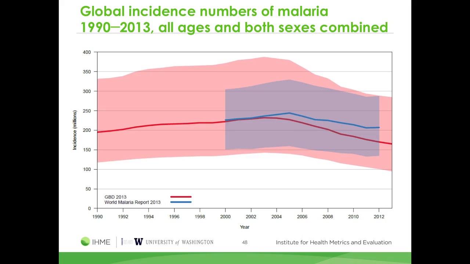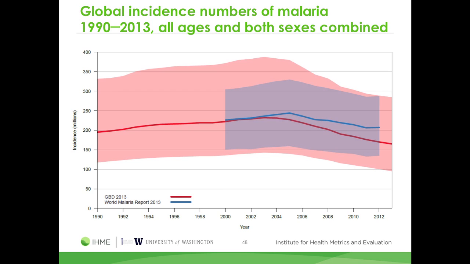Here's our global incidence numbers. Blue is the WHO estimates of incidence, and red is the GBD estimates. Here's a case where, although the modeling strategies are completely different, they are quite similar. I'm not sure that makes both of them right, but it certainly makes it less controversial explaining this to different consumers.